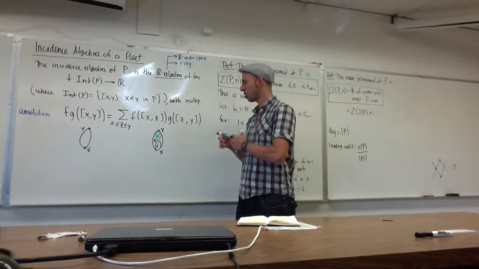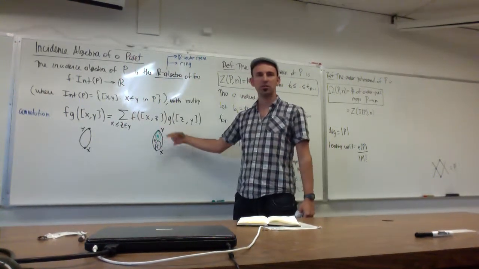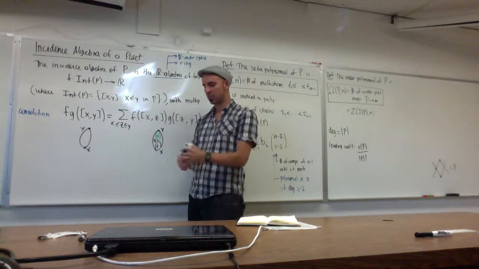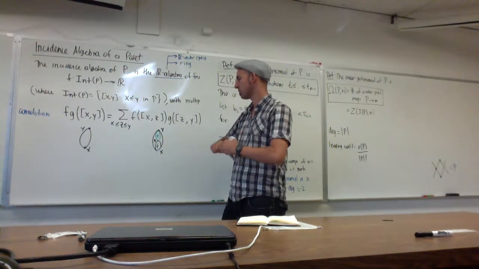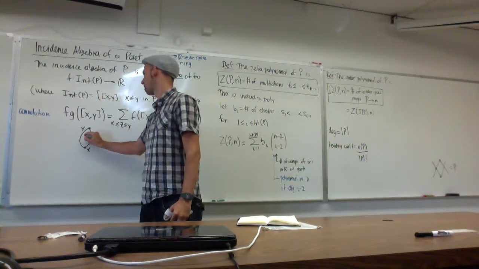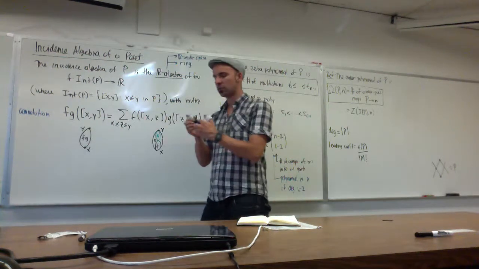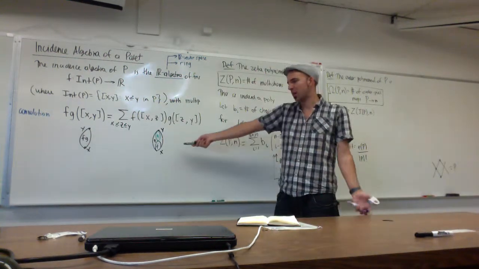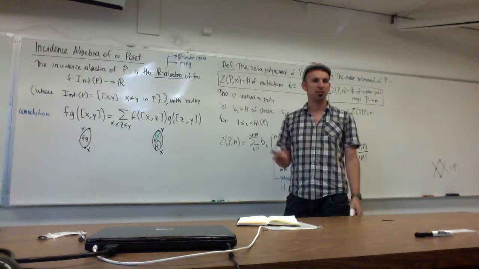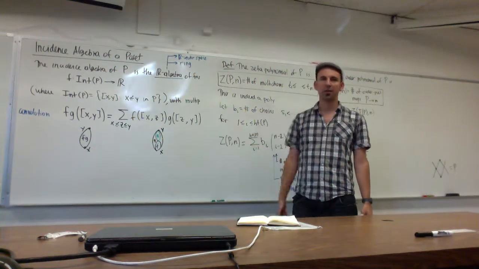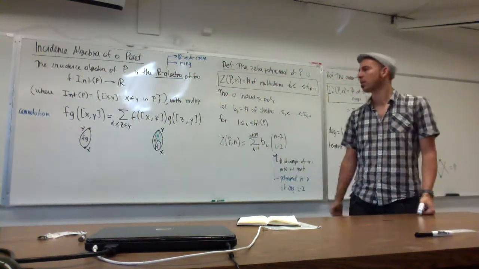And as you sum over all the values of z in this interval, you're going to get whatever fg assigns here. And so from this picture, it should be clear that this is not at all symmetric in g and f. So this is probably not a commutative ring.